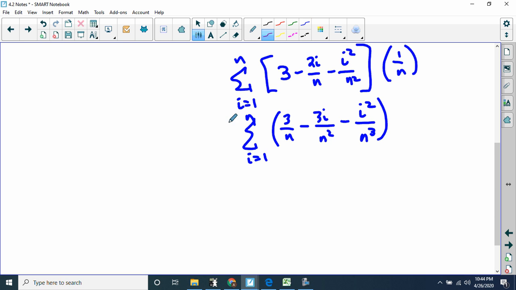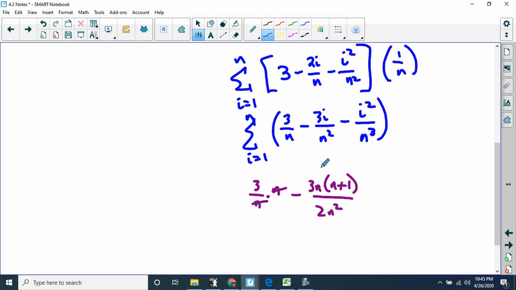Next thing we're going to do is use the rules. So 3 over n, remember n's just a number, so this is a constant. So we're going to use the constant rule, which is just that constant times n. Here I can replace i with its rule, which is n times n plus 1 over 2.